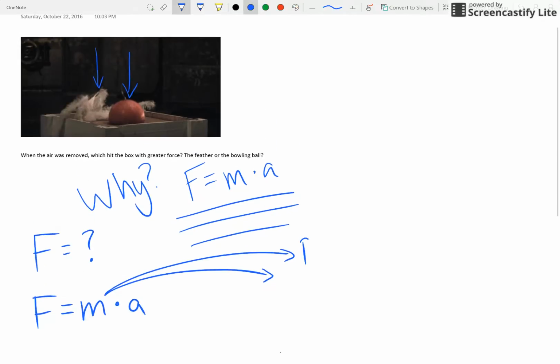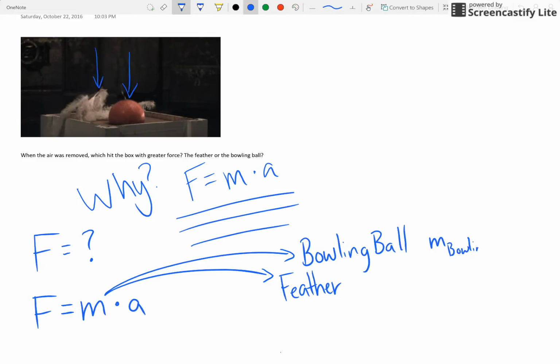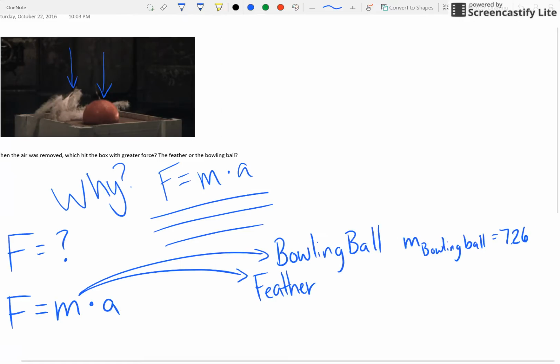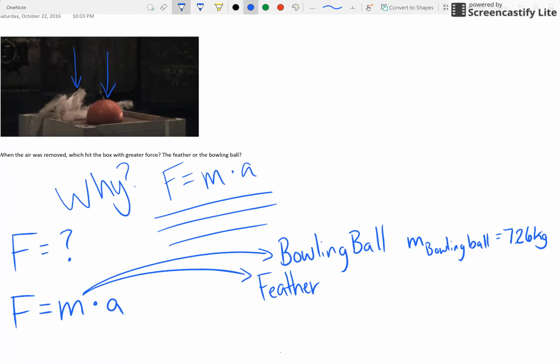of the bowling ball and of the average feather on Google. When I Googled both of these, the mass of a bowling ball was roughly 7.26 kilograms.